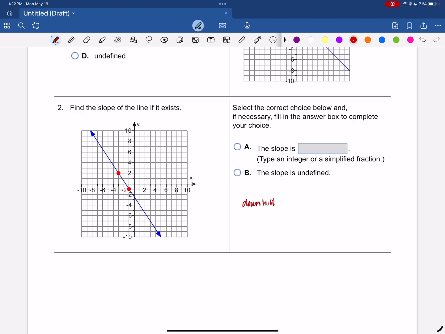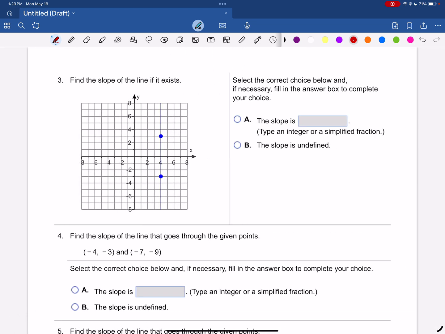And since it's going downhill, I know for sure my answer is going to be negative. I count the spaces down, 1, 2, 3, so that's down 3, and the spaces over, 1, 2, so my slope is negative 3 over 2. So I'm counting the rise over the run, but the rise in this case happens to be a fall, so that's why it's a negative.